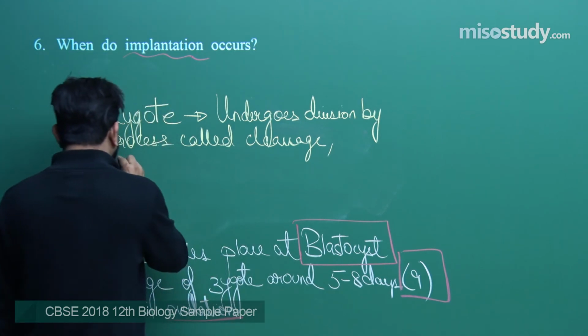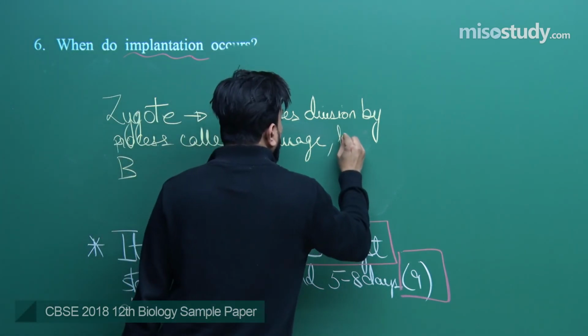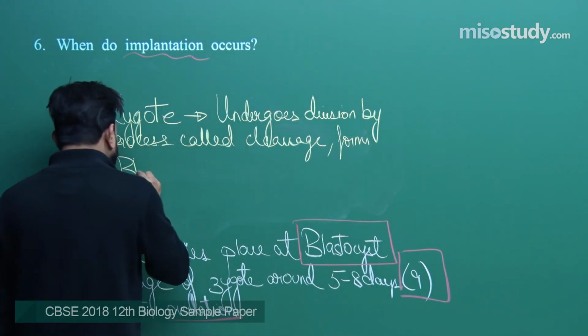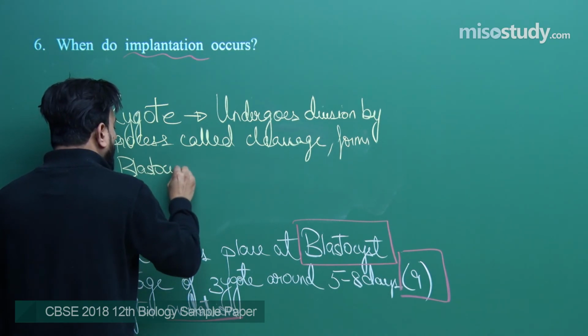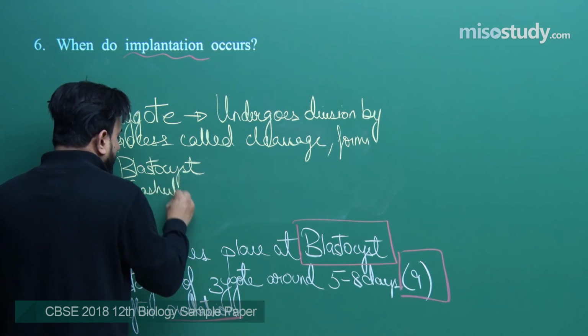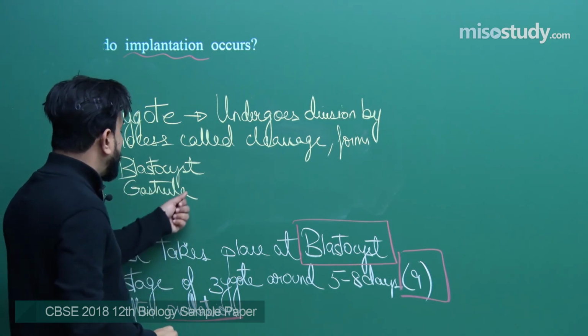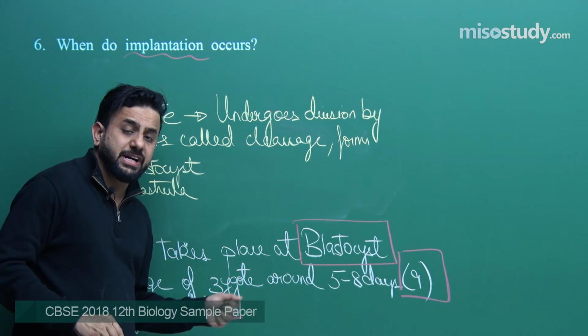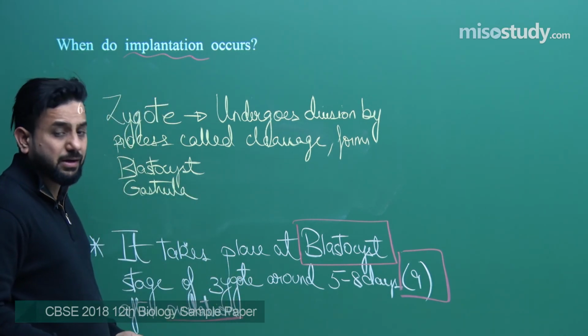And then it forms different stages: the blastocyst, then the gastrula stage, then the neurula stage and the period for organogenesis and all that.